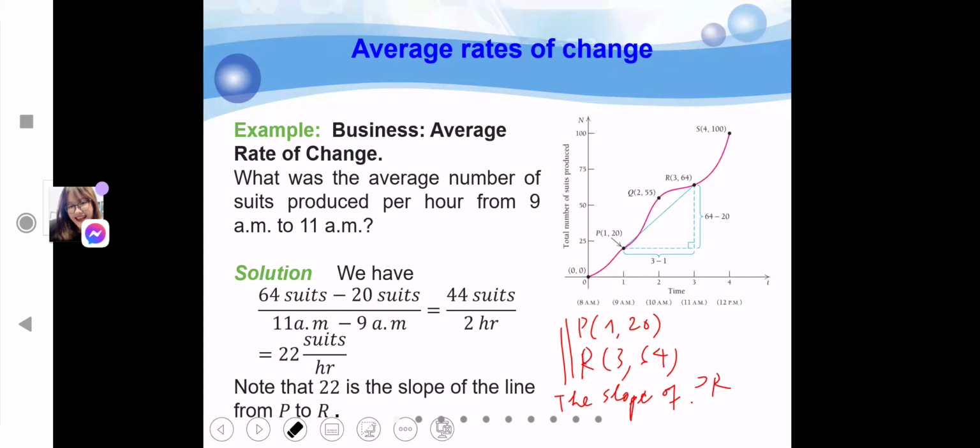We apply the formula with M (x1, y1) and N (x2, y2).